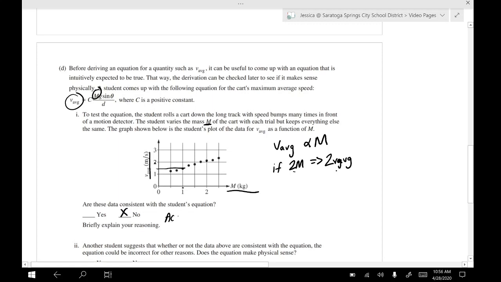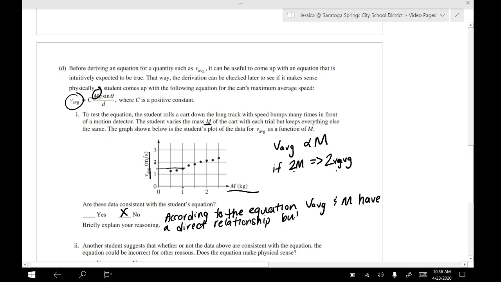So we can say something like, according to the equation, V average and m have a direct relationship, but in the graph, doubling m does not double the average.